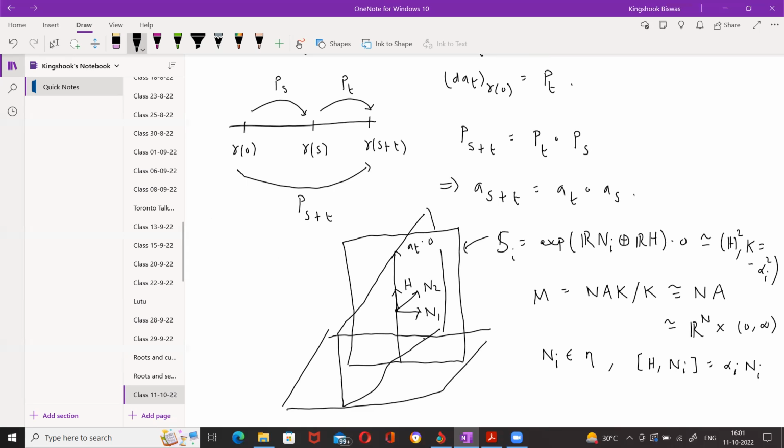For the real hyperbolic space, all the roots are equal. For complex hyperbolic space, you have roots 1 and 2. So when you square them, you get 1 and 4. And so then you have sectional curvatures in between -1 and -4. Right.